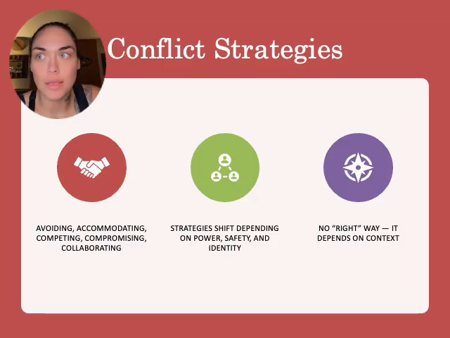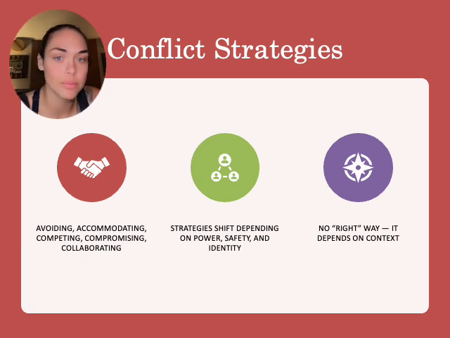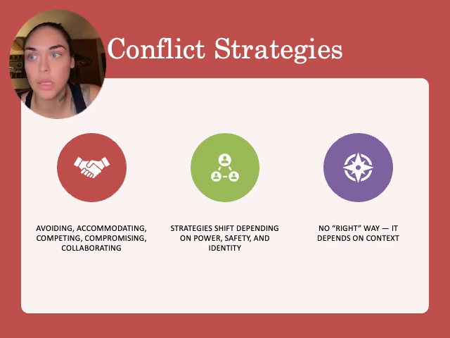For slide 8, conflict strategies. People respond to conflict in different ways, not because of their personality, but because of history and safety, their experience basically. So avoidance might be the only safe option for someone who's been punished for speaking up.